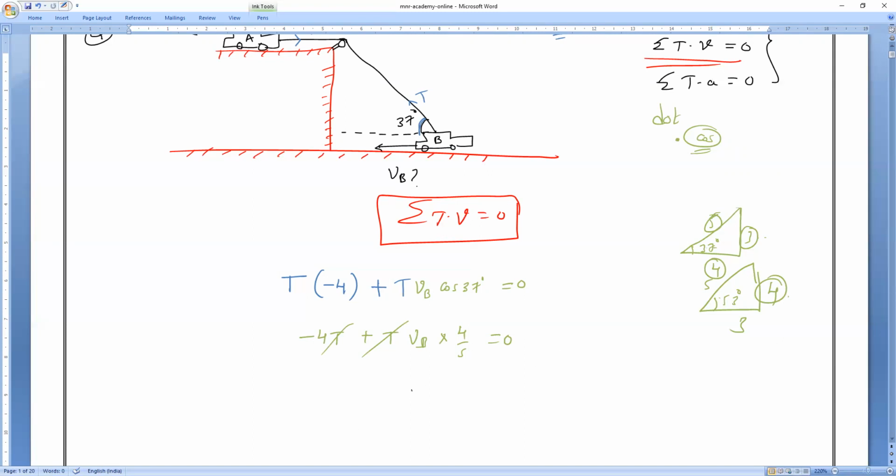It turns into plus VB into 4 by 5 equals 4. So on both sides 4 by 5 gets cancelled. So what is the velocity of B, everybody? Yes, 5 meters per second. Velocity of B is equal to 5 meters per second. Is it clear, all of you? Understand?